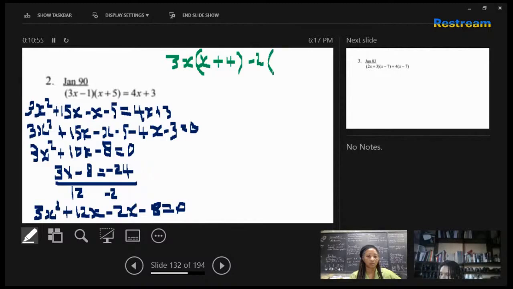Negative 2 into negative 2x goes x times, and negative 2 into negative 8 goes 4 times. So it'll be 3x minus 2 and x plus 4, which is equal to 0.